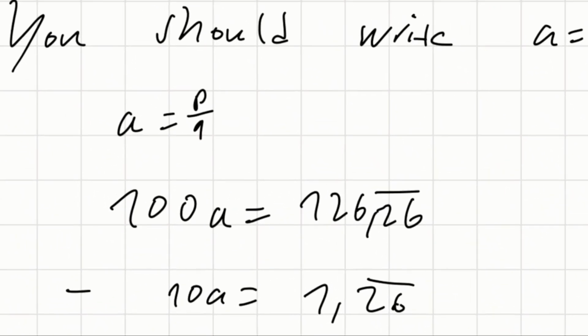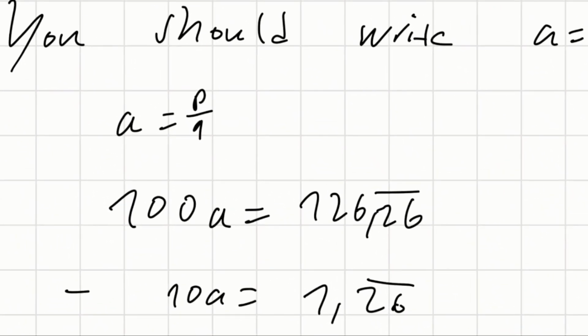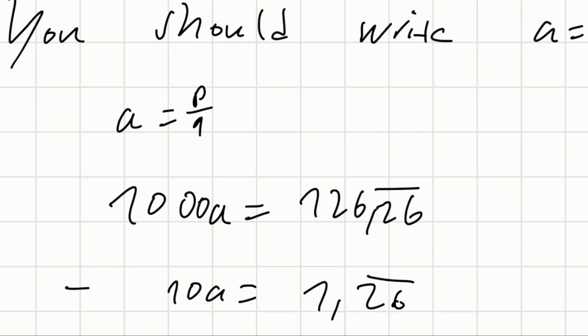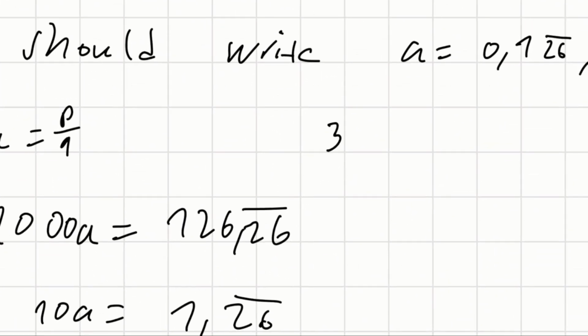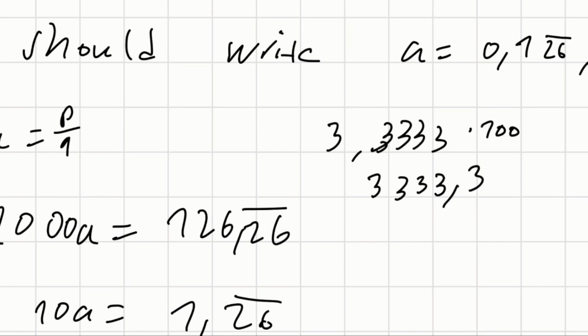The idea is that we multiply this number by 1,000. For example, if you take this and multiply it by 1,000, and put this in the calculator, you get 3333.3.